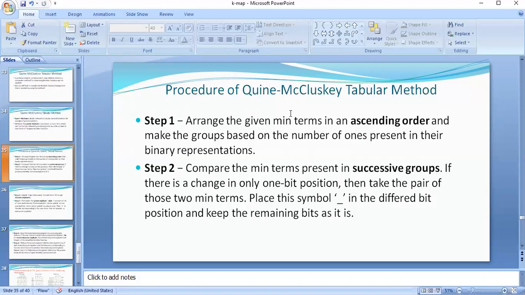After that, we have to write the corresponding binary representation.